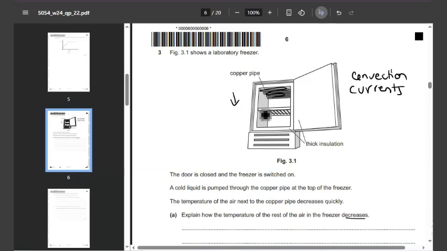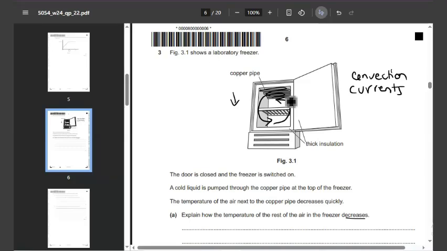So due to convection currents, the air close to the copper pipe will decrease in temperature, and we know that cold air is denser, so it will sink to the bottom. And the warm air will rise to the top, and this will set up convection currents inside the freezer.